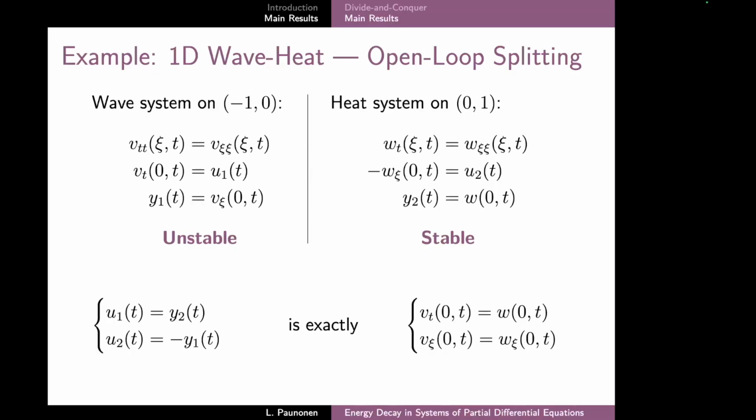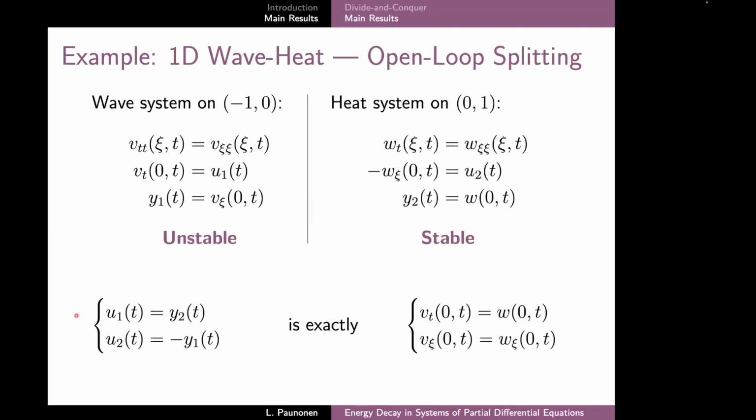And for the heat equation, which makes up system 2, we similarly define an input and an output. The input again determines a boundary value of the heat equation at the point 0, this time a Neumann trace based on an external signal, which is the input of the system, and then the output of the system is the evaluation of the temperature at this point 0.